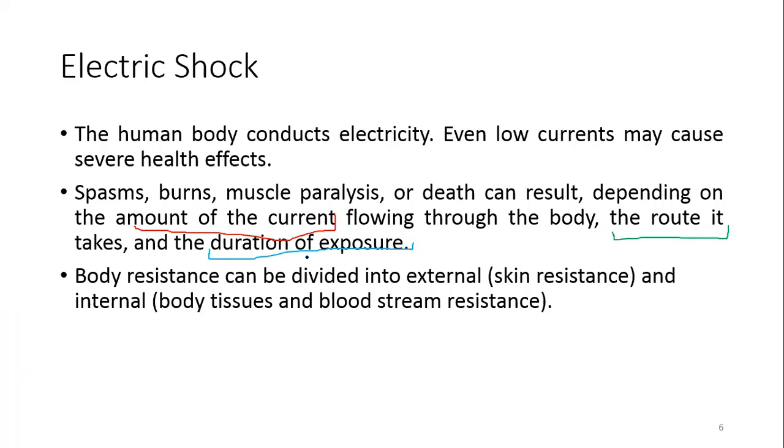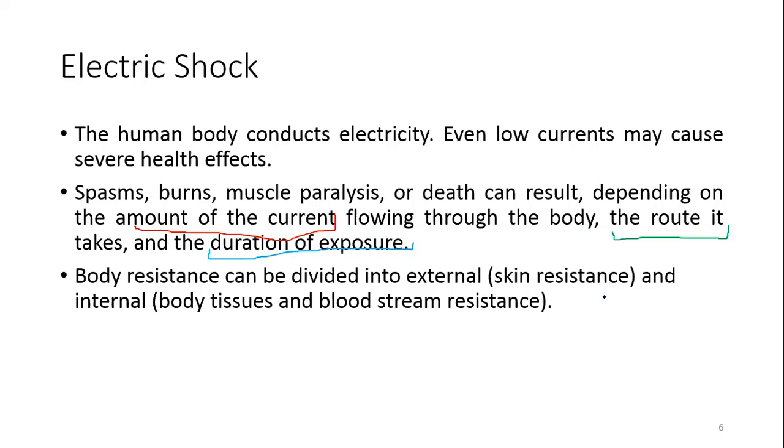If we can minimize any of these three, we can reduce the effect of electric shock. Body resistance can be divided into external and internal resistance. External resistance includes the skin resistance, whereas the internal resistance consists of body tissues and bloodstream resistance.